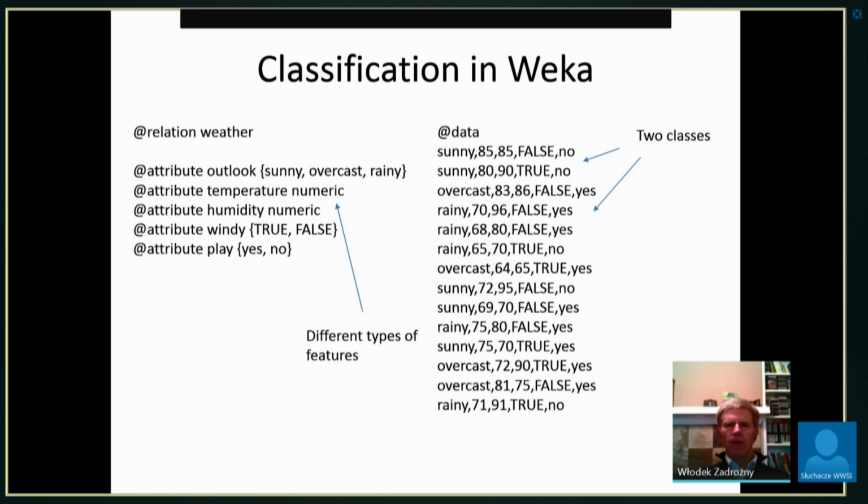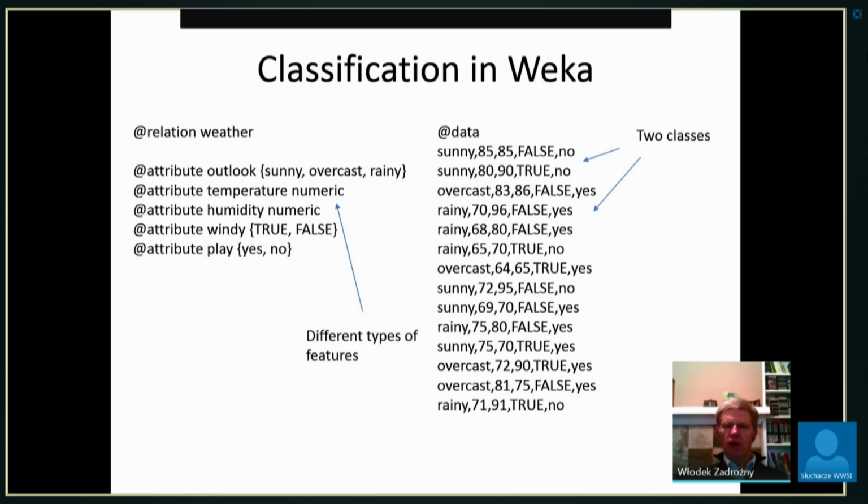So we see two classes. The classes are simply yes or no. We go outside and play, or we do not play. The format of data in WEKA is that we specify the relation, and in this case the relation is weather. We specify a collection of attributes that we mentioned before, that is outlook, temperature, humidity, windy, play.